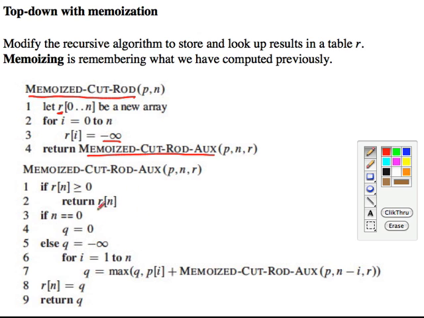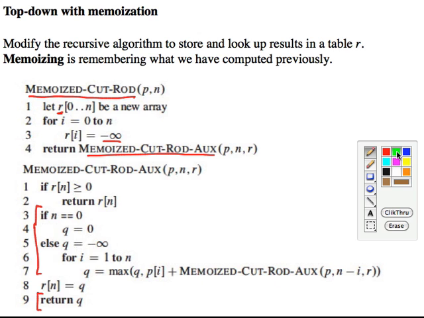Now this is actually the previous recursive cut rod modified. The part that was there before is this part here and this part here. If the problem size is 0, you're going to return 0. Otherwise, set to an initial small value, check all the possible pieces you cut off, get the max of the price of cutting off that piece and the recursive solution.